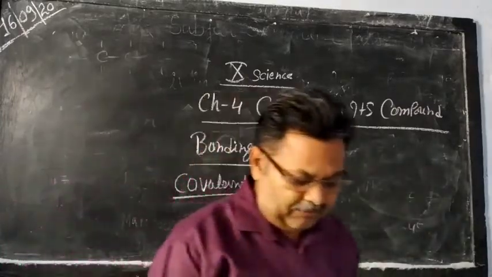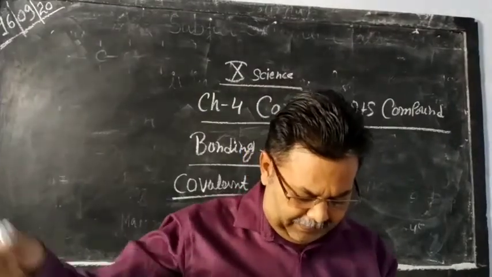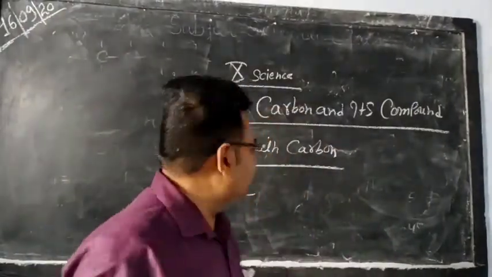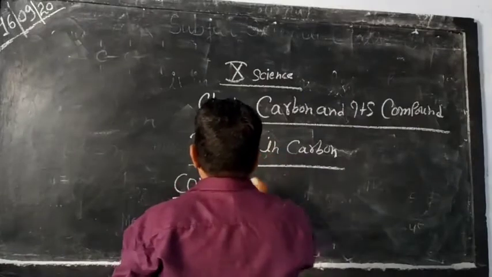The bonding of carbon is mostly covalent. What is covalent bonding?